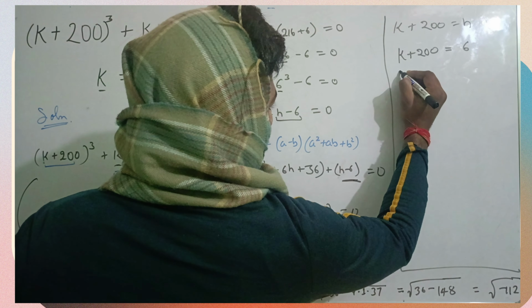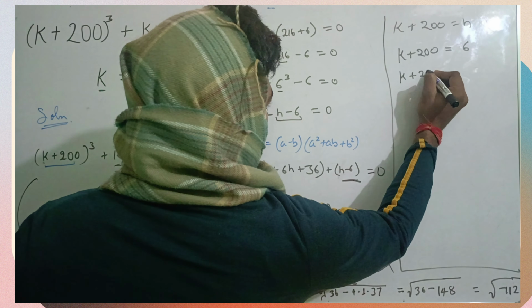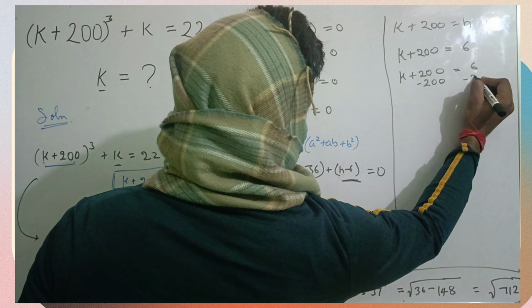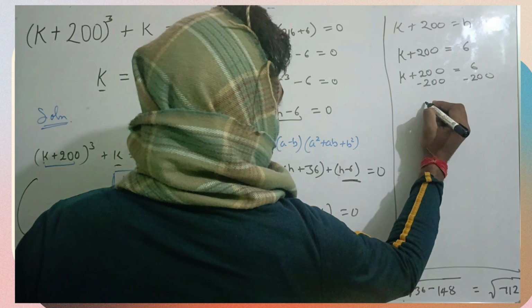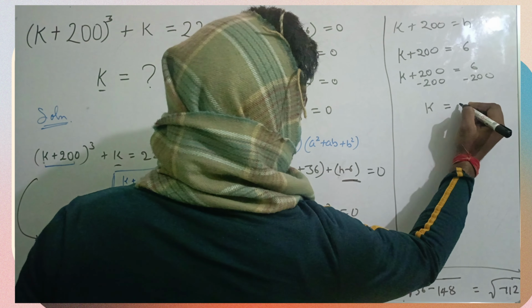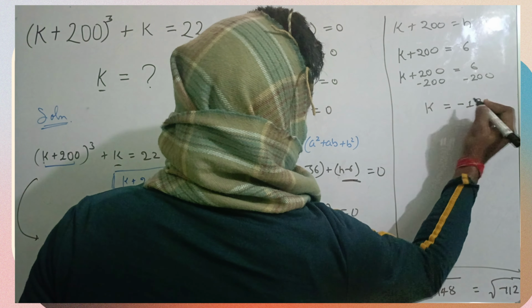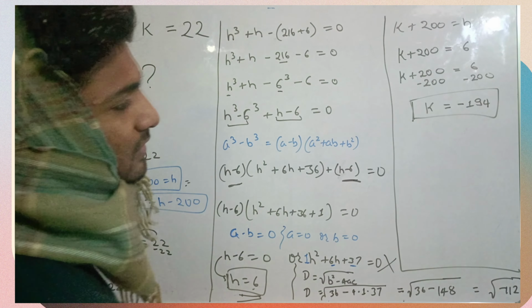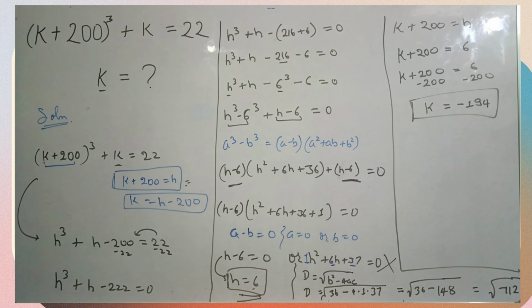Subtracting 200 from both sides, k plus 200 minus 200 is equal to 6 minus 200. So we get the value of k as k is equal to minus 194. So this is our required answer.